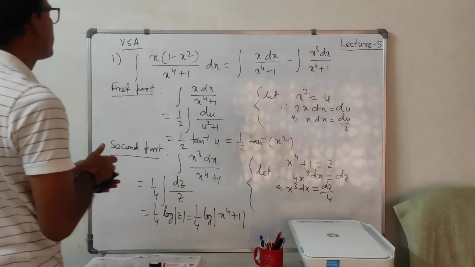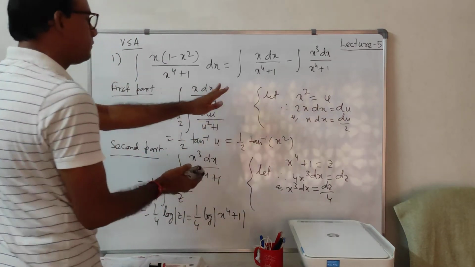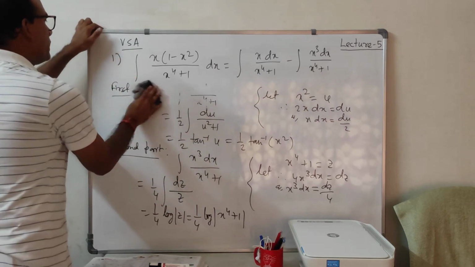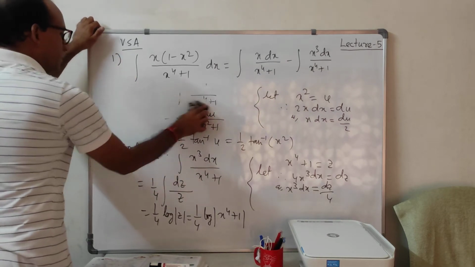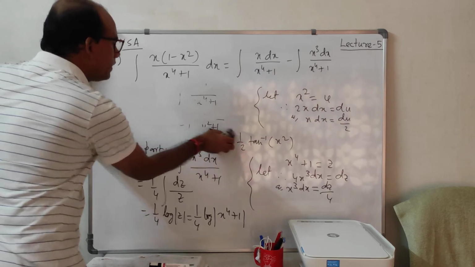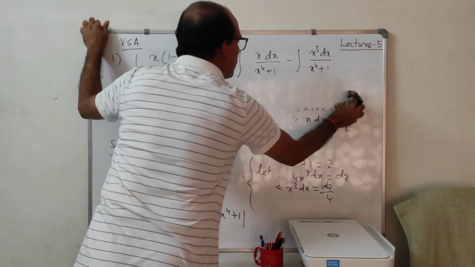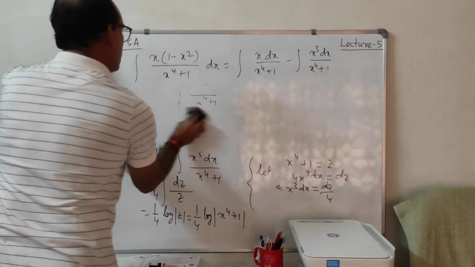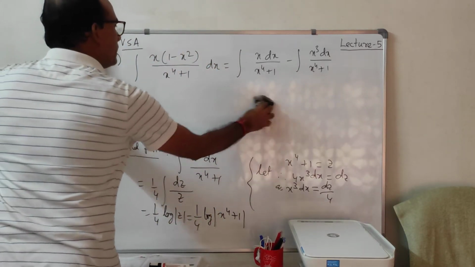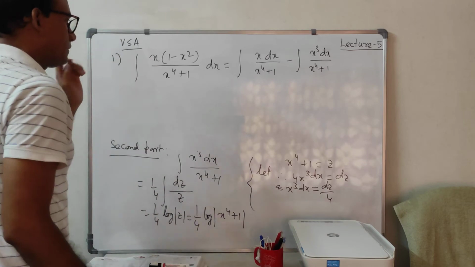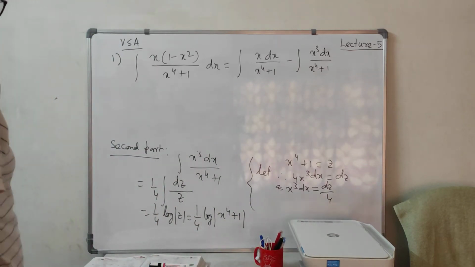So I am removing this first part. I think you have noted it already. So the result will be, I am writing the result. What was the result in the first part?